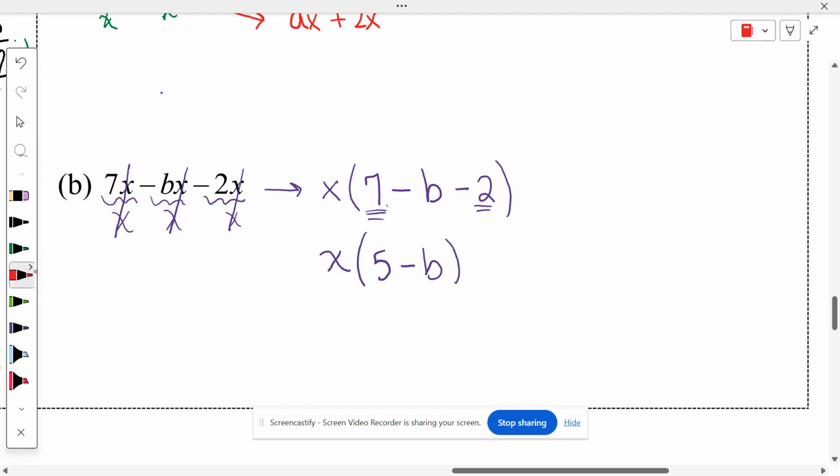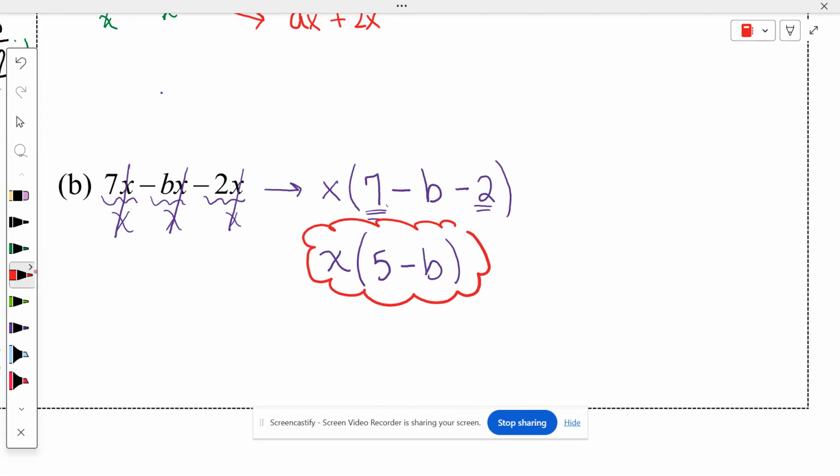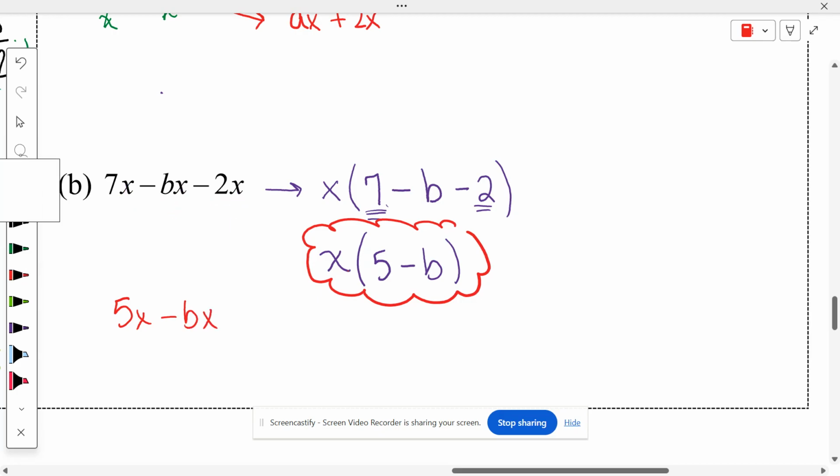Now, I know you're saying to yourself, whoa, wait a second. That is not at all if I distribute what I started with. X times 5, 5x, x times b, negative bx. And you're right, it is not what you started with. However, the expression that you started with was not simplified.